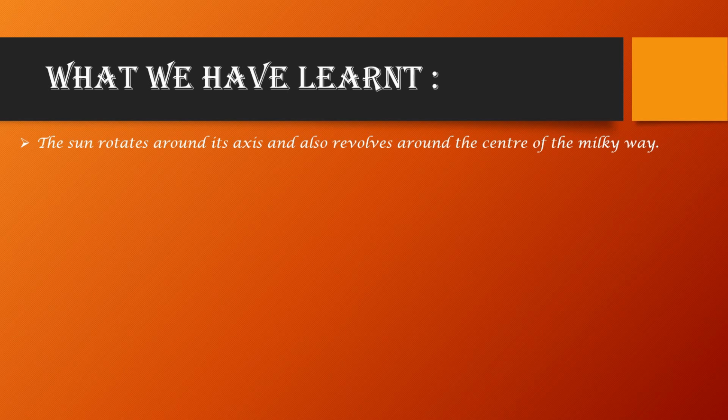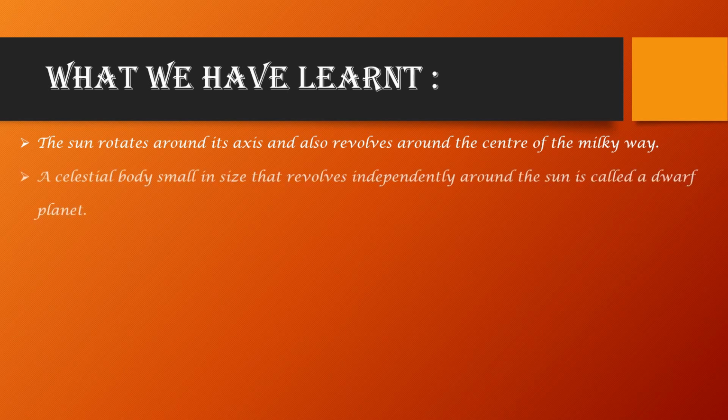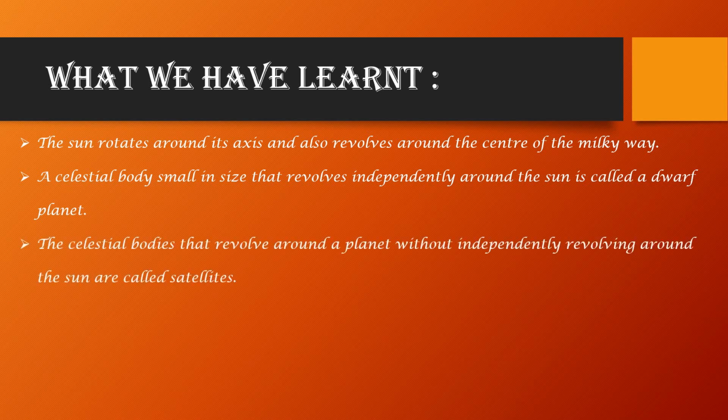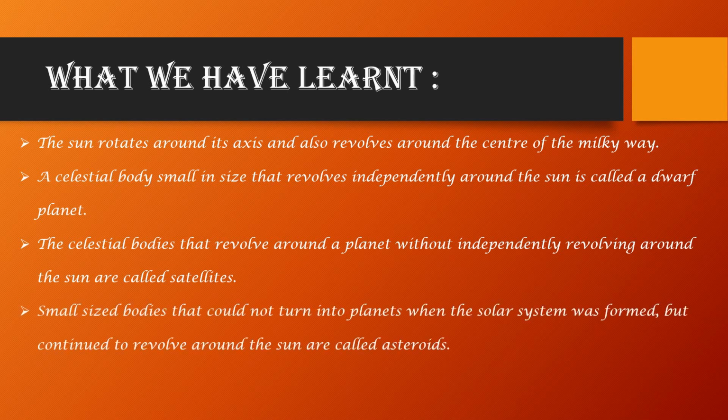A celestial body small in size that revolves independently around the Sun is called a dwarf planet. The celestial bodies that revolve around a planet without independently revolving around the Sun are called satellites. And small-sized bodies that could not turn into planets when the solar system was formed but continued to revolve around the Sun are called asteroids.